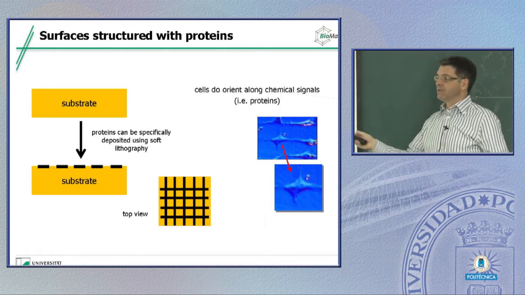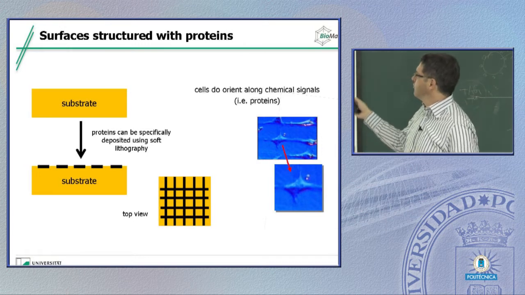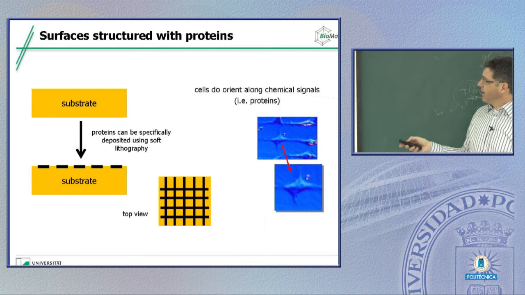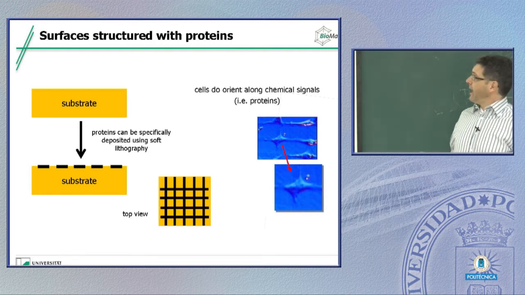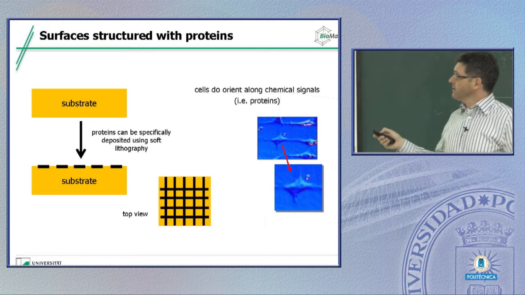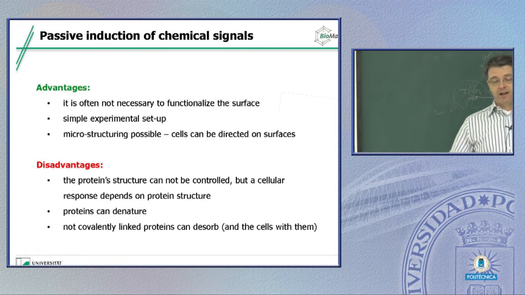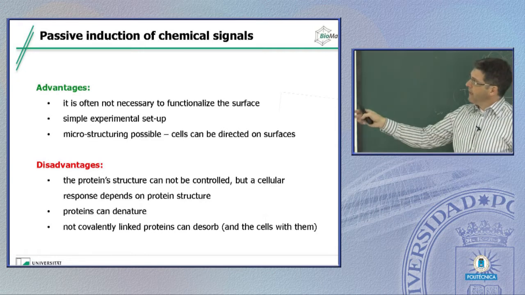In this case, of course, the substrate is hydrophobic to avoid any unspecific binding. But this can be done, and we can make nice patterns out of that. So passive induction of chemical signals has some advantages. It's often not necessary to functionalize the surface, right?